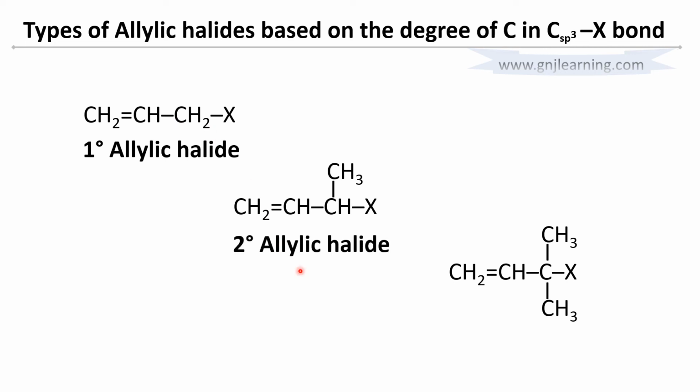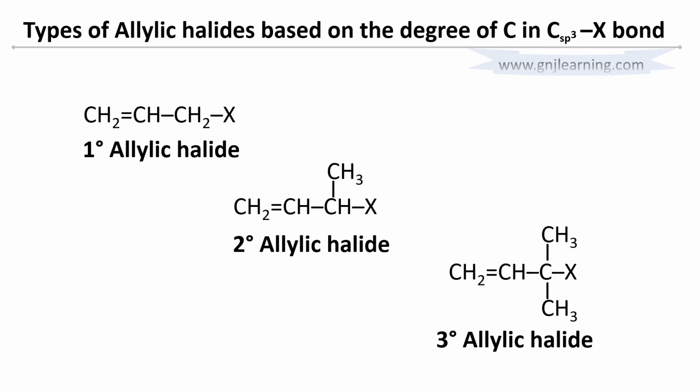The second one is a secondary allylic halide because X is attached to a secondary allylic carbon. And the third one is called a tertiary allylic halide because X is attached to a carbon that is third degree or tertiary carbon. Clear? So that is allylic halide.